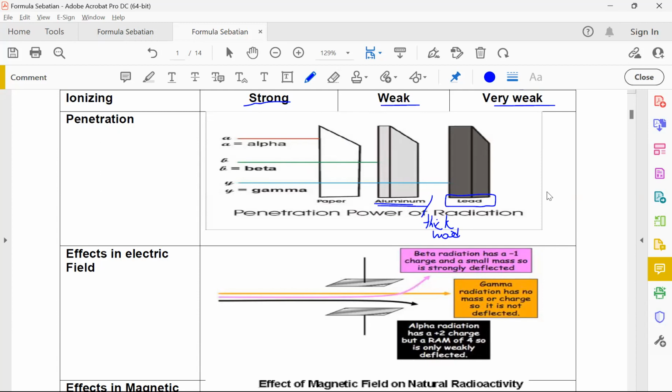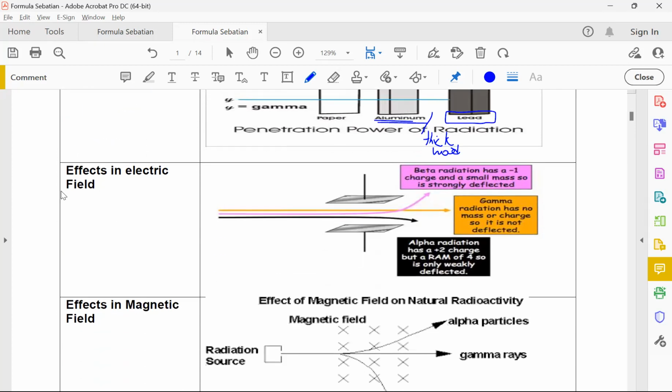Yeah, like literally the lead in your pencil. No, this one it has to be very thick lead to stop the gamma, but this is obviously not thick, bro. Right. Okay.